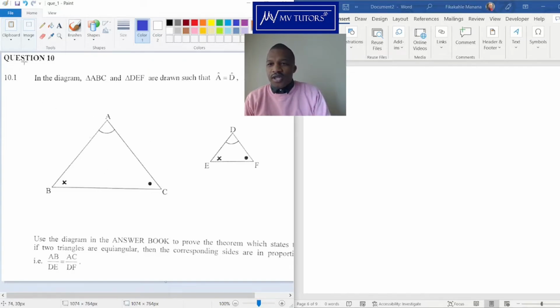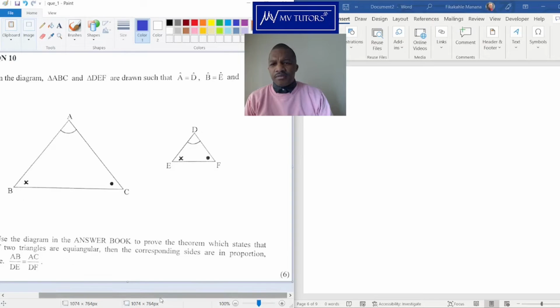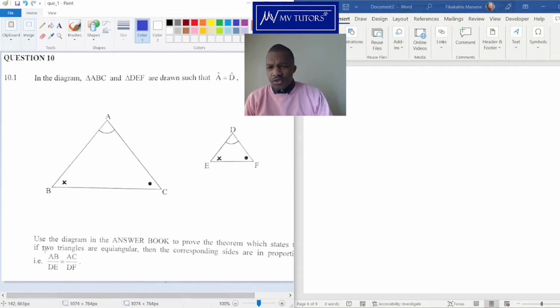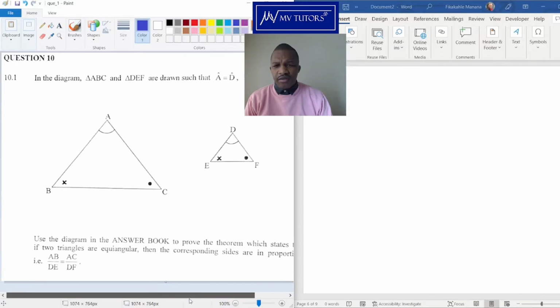Okay, it says question 10. In the diagram, triangle ABC and DEF are drawn such that A equals D, B equals E. We see they're also marked over there, and C equals F. Use the diagram in the answer book to prove the theorem which states that if two triangles are equiangular, then the corresponding sides are in proportion.